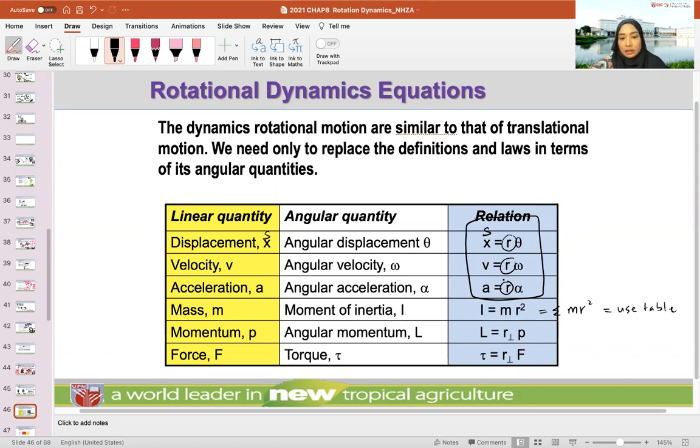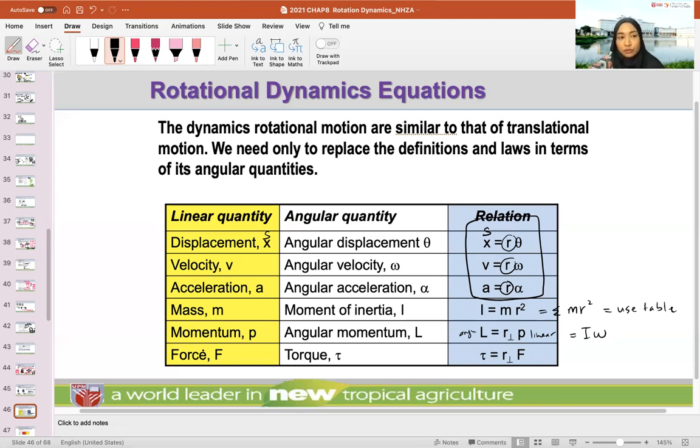So I is the equivalent of mass in linear quantity. And then you have your momentum in linear quantity, which is P. Your angular quantity of momentum is angular momentum L, and L is related to P by L equals R P. Tak sama macam S equals R theta, V equals R omega, because this is angular and this is linear, dia terbalik. Okay, and L is also equal to I omega. That's another equation. And then you have torque.